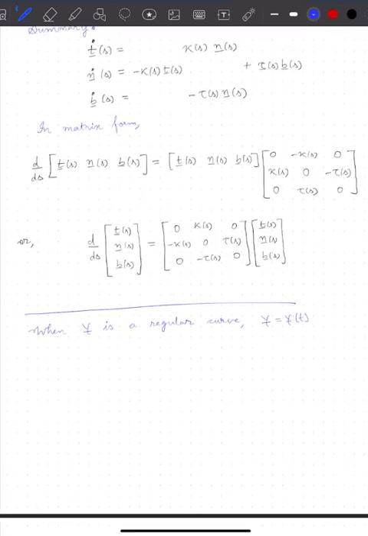So I will just write down the final expression because that's what is going to be useful essentially.